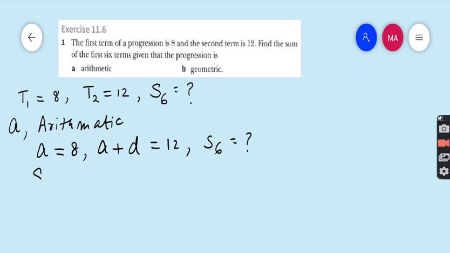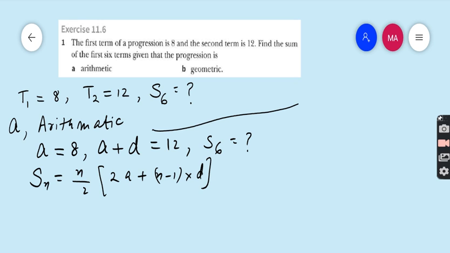The formula of the sum of an arithmetic series is n upon 2 into 2A plus n minus 1 into D. But first we have to find D. A is 8, 8 plus D is equal to 12, then D is equal to 12 minus 8, which is 4. D is 4.